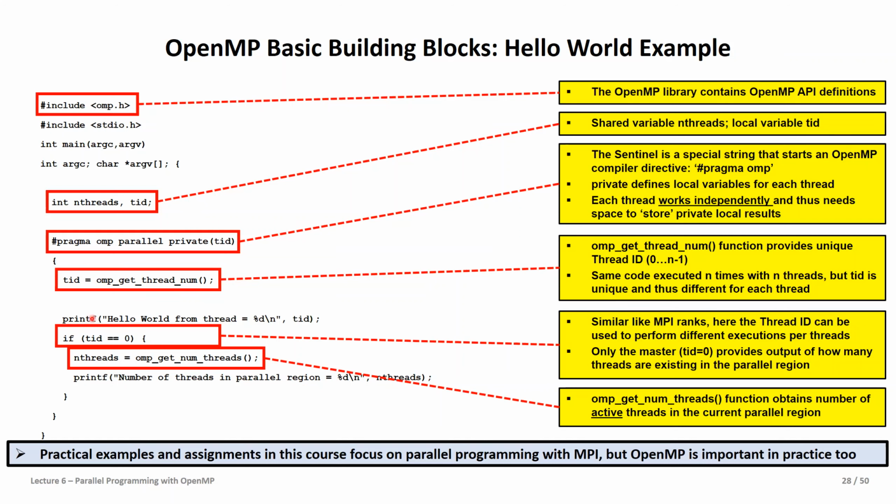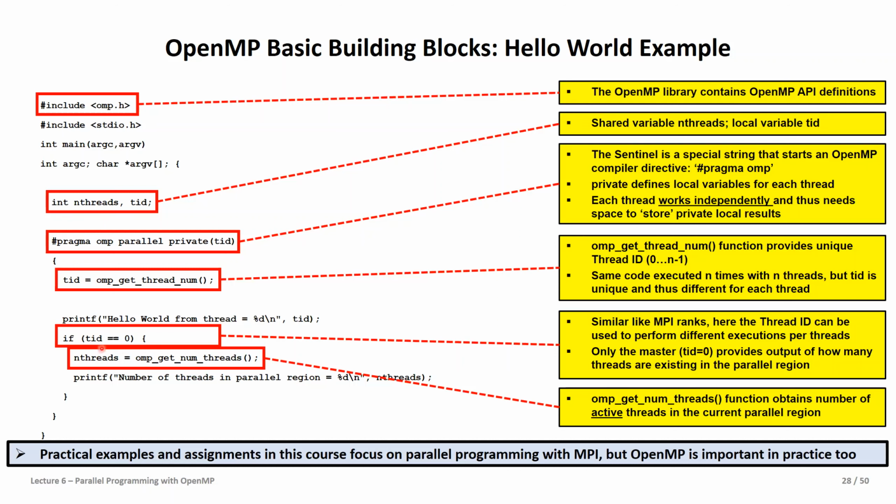And in order to identify the master thread, as we would have done in the MPI space, when we did if rank equals 0, then do something what others don't do, you can do the same thing here. Just use the thread ID, and then, for instance, here you see we want to have only the master process telling us that the number of threads in this parallel region are essentially this number of threads here.